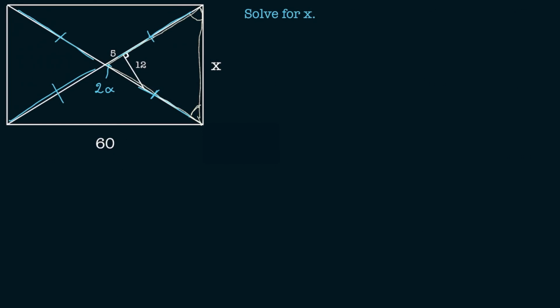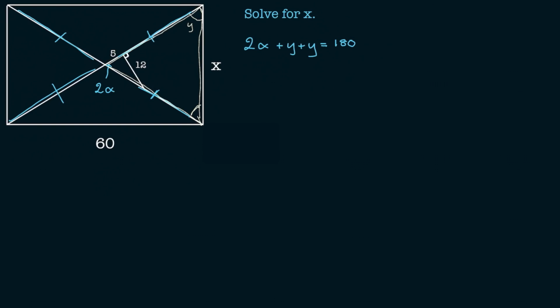And since the sum of the measures of the angles in a triangle is 180 degrees, we can write an equation to solve for these angles. So let's call them y, and let's write the following equation. 2 alpha plus y plus the other angle y is equal to 180.